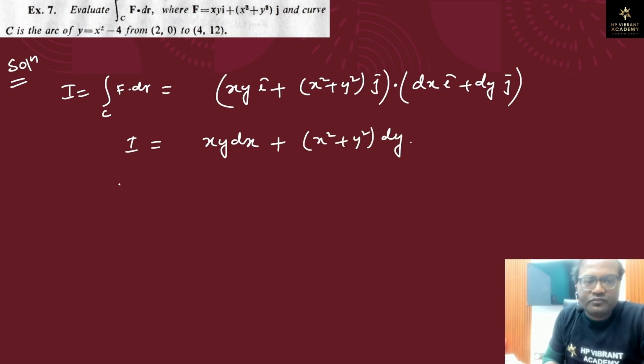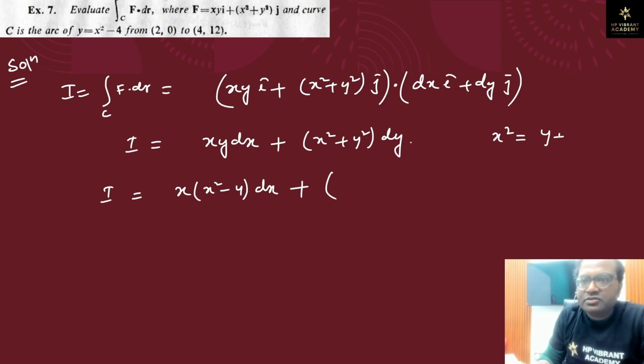Let us further simplify this. We have the value of y as x square minus 4. This will be x square minus 4 into dx, plus, since x square is y plus 4, we can place the value of x square as y plus 4 plus y square into dy.